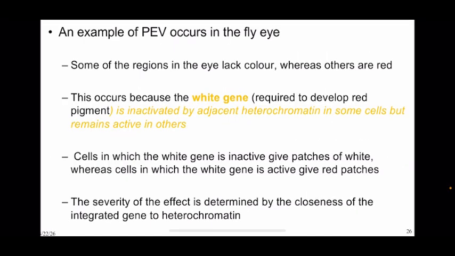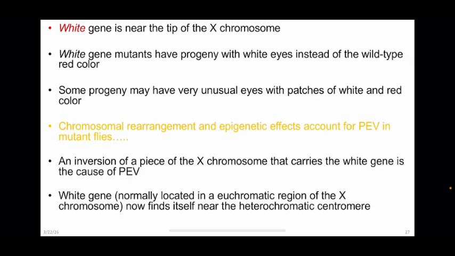Chromosomal rearrangement. Wherever the white gene is found, there are not enough heterochromatic regions around it. So what if there is chromosomal rearrangement, mutations that cause translocation, and the white gene finds itself now in the heterochromatic region?